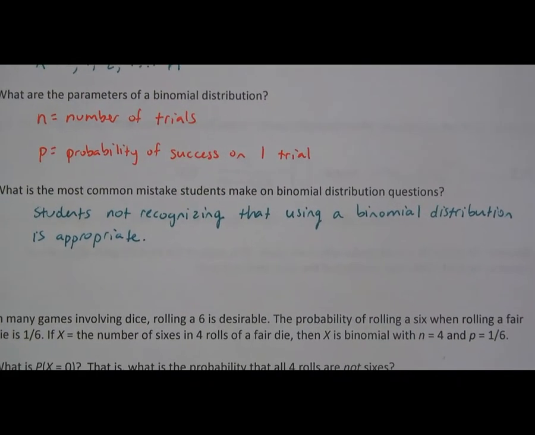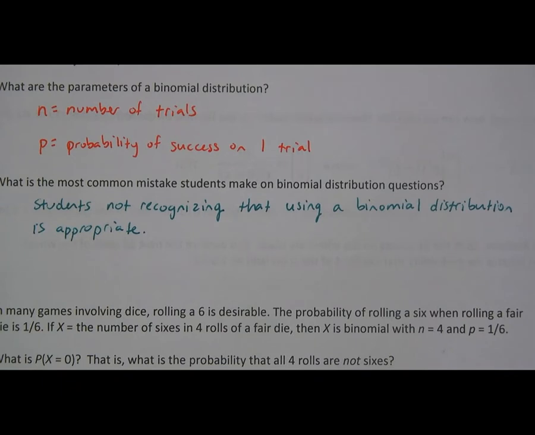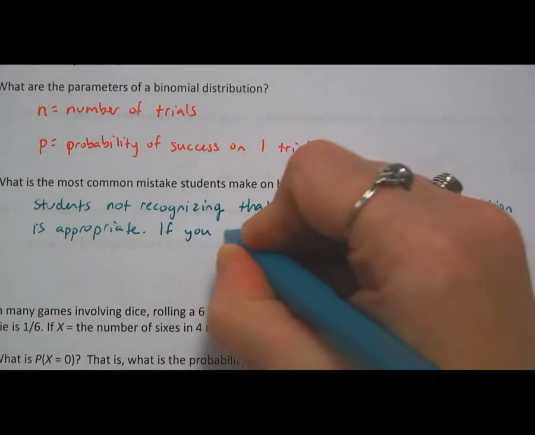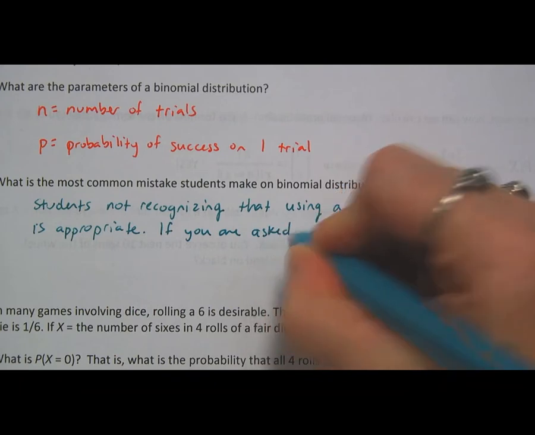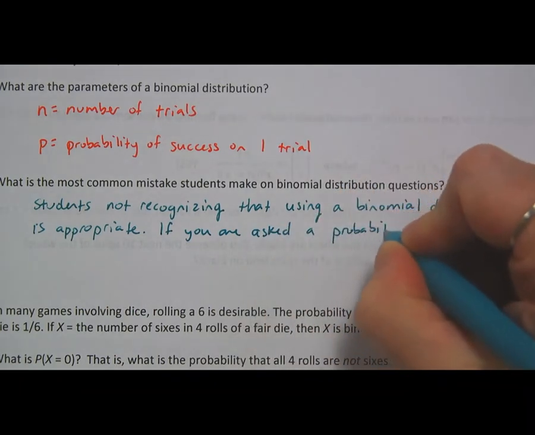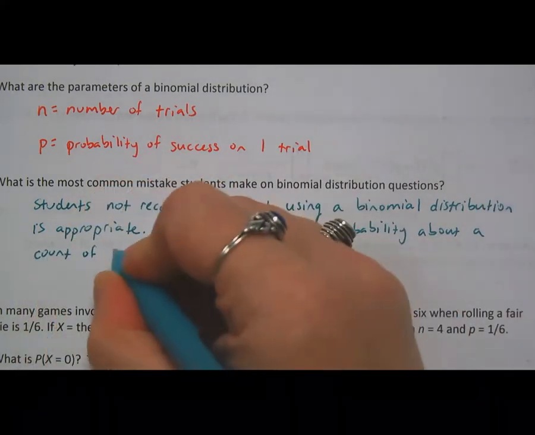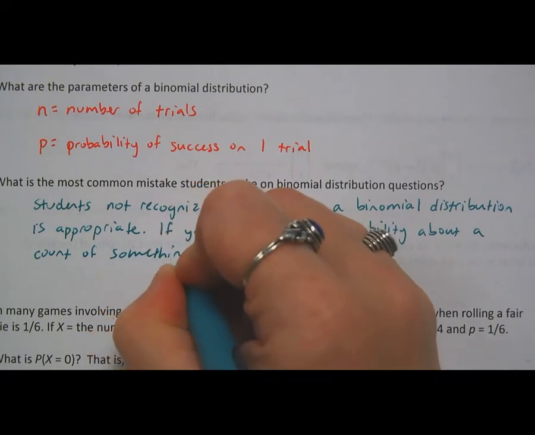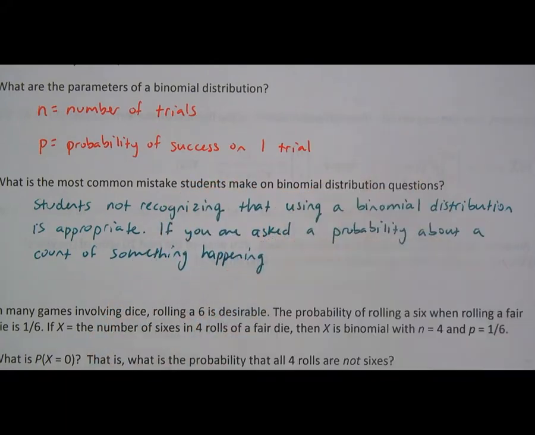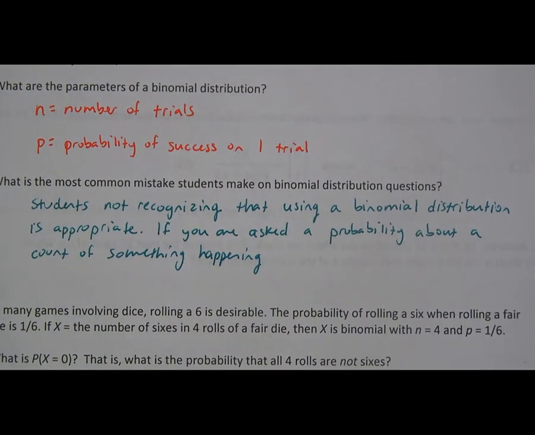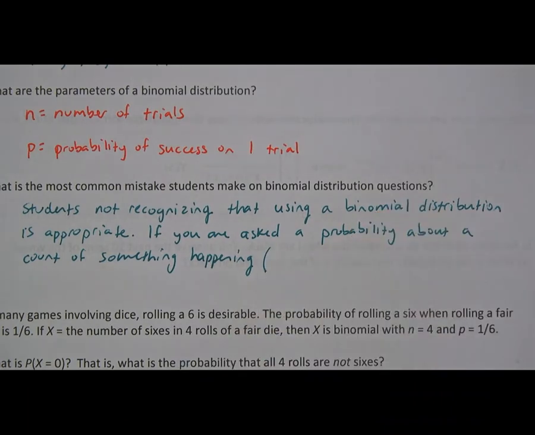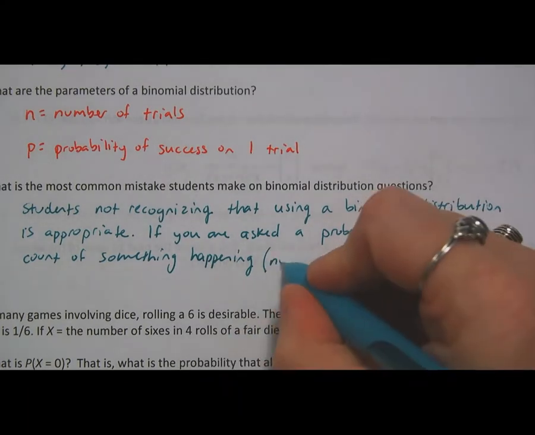So my hint to you, so that you can stop and think about what kind of probability problem is sitting in front of you: if you are asked a probability about a number of things, a count of something happening, like the probability that you flip 30 heads in 50 trials, that's another way of saying they're asking you for the number of successes.